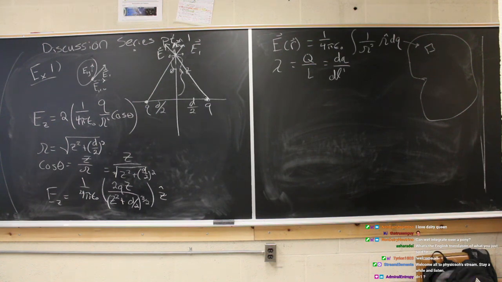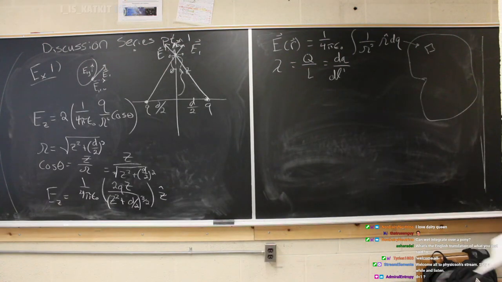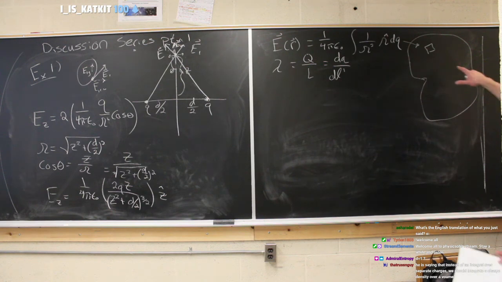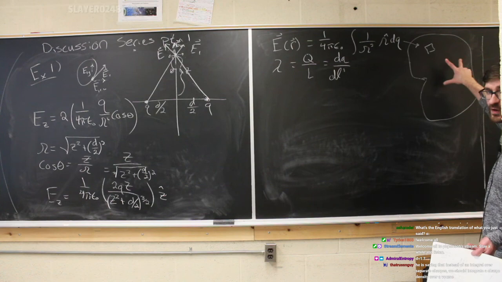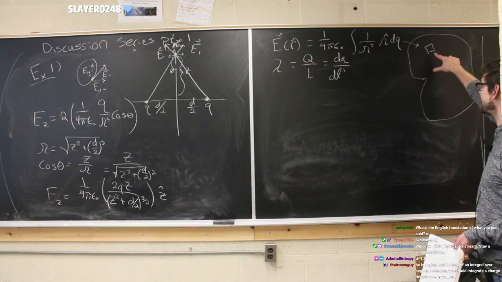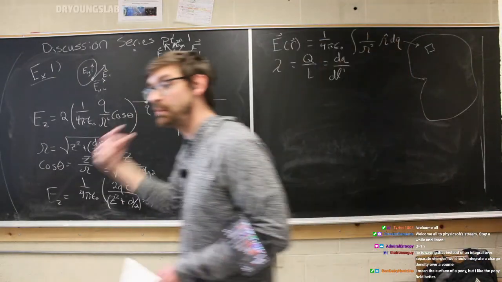Yes. So, let me just reiterate it one more time in case people do need it reiterated. We're going to have a surface, some odd shape, full of a uniform charge. Okay? We're going to take an infinitesimally small piece of it to get an infinitesimally small point charge.